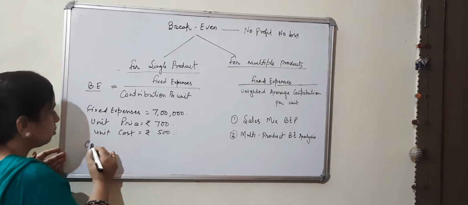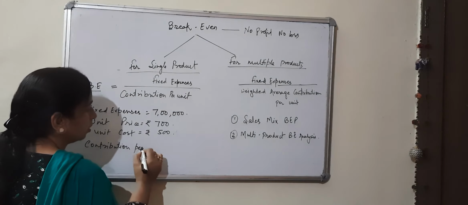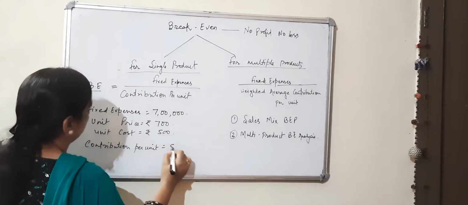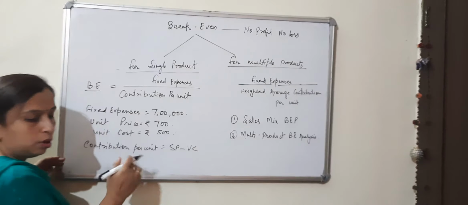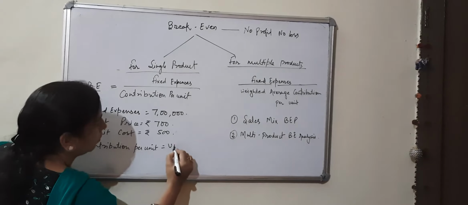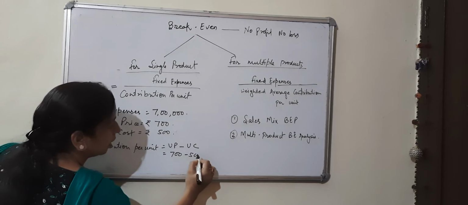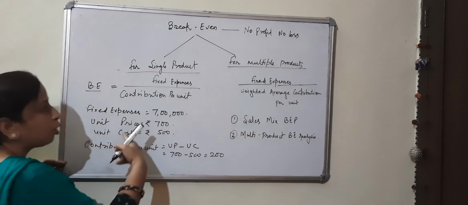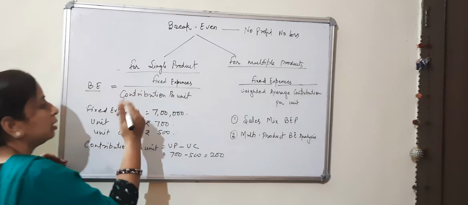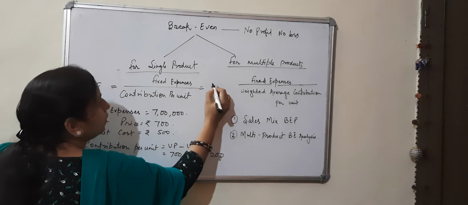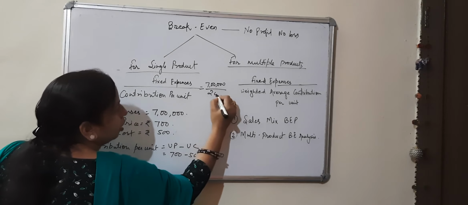Now, how will we calculate the break-even point? We first calculate contribution per unit. Contribution per unit is sales price minus variable cost, or we can write unit price minus unit cost. So this will come to 700 minus 500, which is 200, the contribution per unit. When we put this here, fixed expenses are 7 lakhs and contribution per unit is 200.